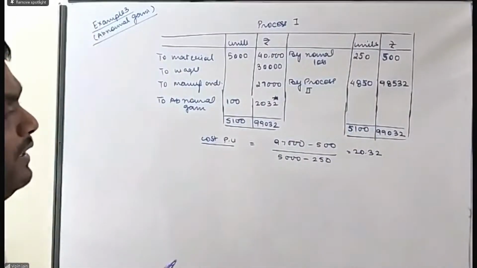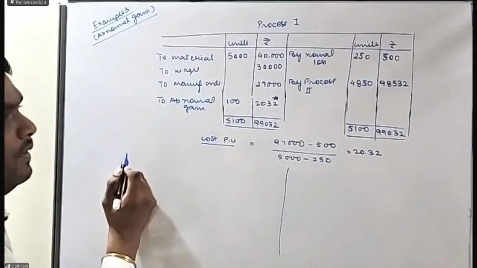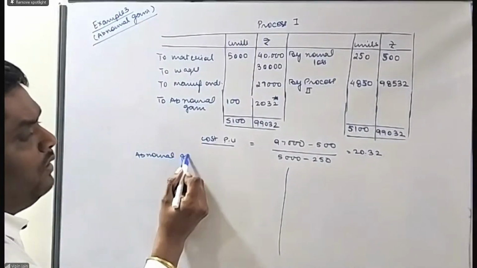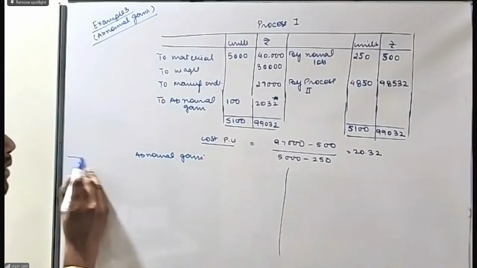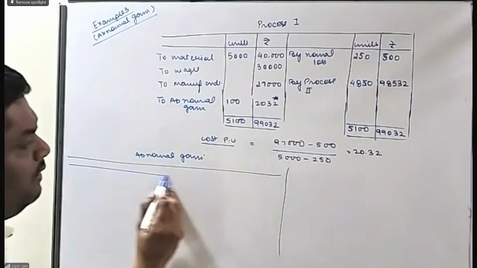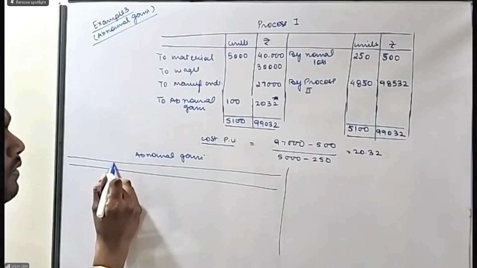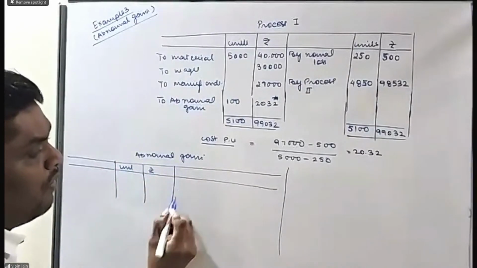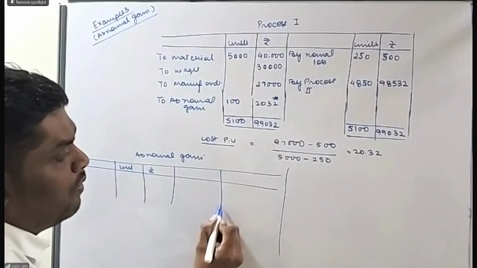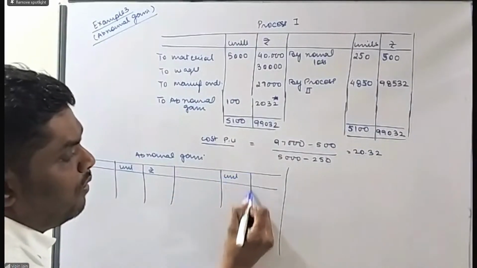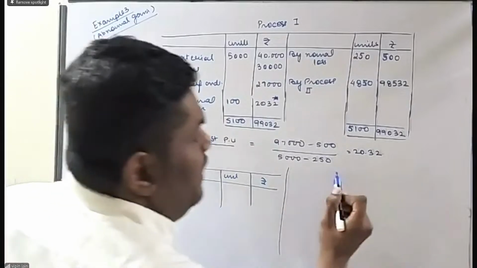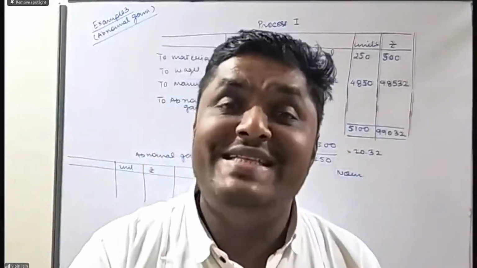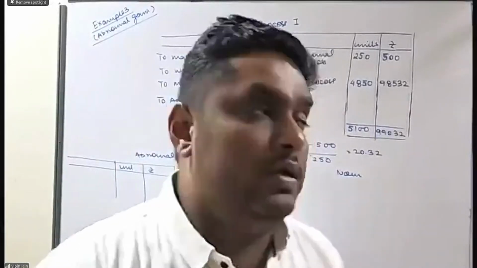Further, very important guys, when talking about the preparation of abnormal gain account, it's very important. Herein, as I said, what is abnormal gain? We can say it is a saving in normal loss.